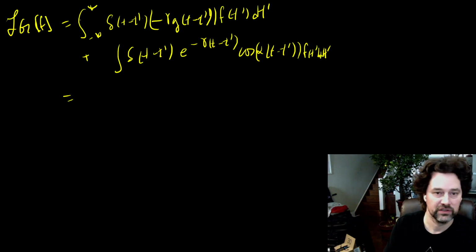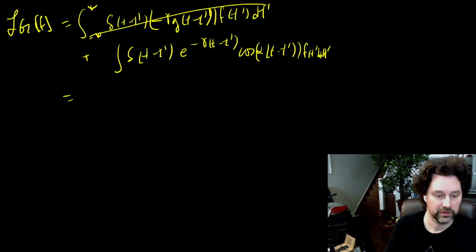Now we have delta times g, and we've just seen that was going to give us g of 0, which is 0. So this whole first term is 0.